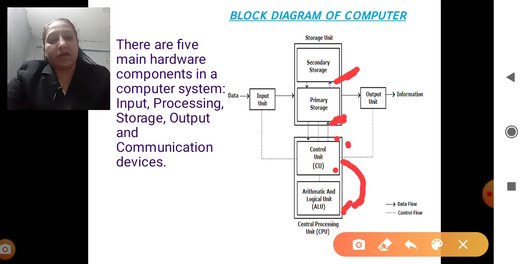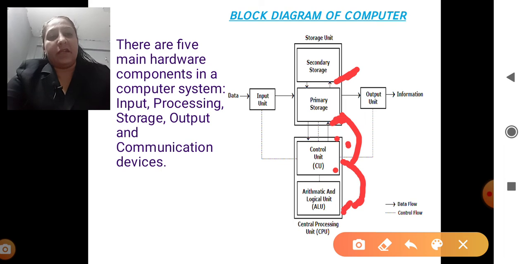It will come back to the control unit, and once all the calculations are done, at last the data will again come back to your primary memory. The user can see the calculated result. Still it is unsaved, the file is not saved by the user, so till it is not saved it keeps lying in the primary memory, and once you are done you opt to save the file.